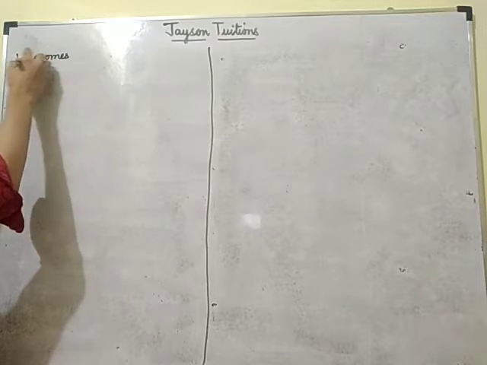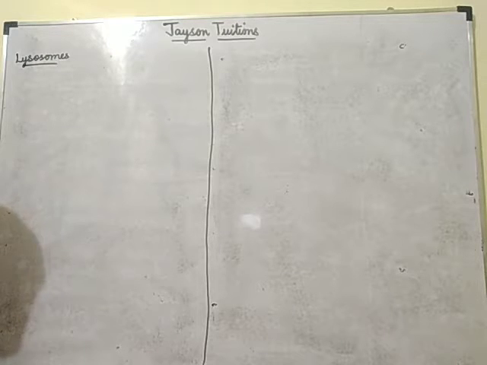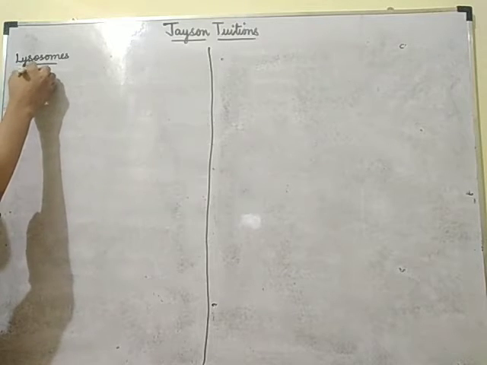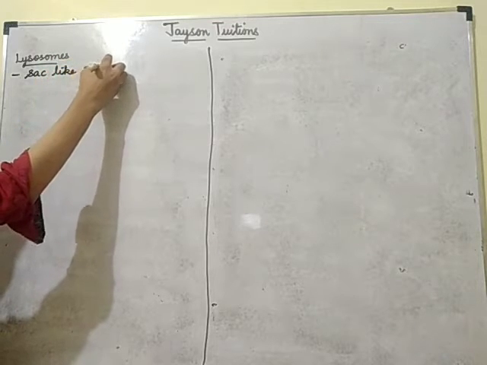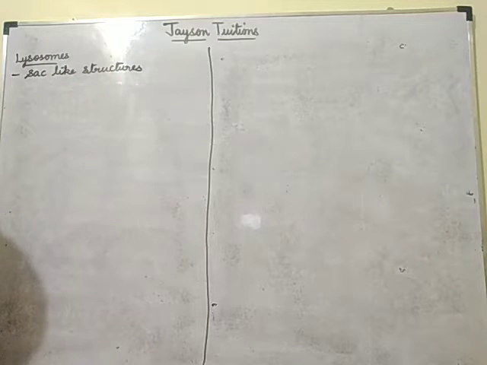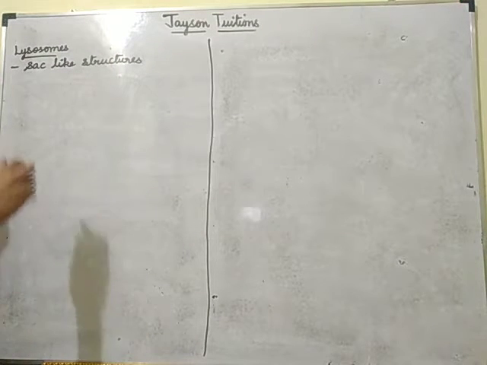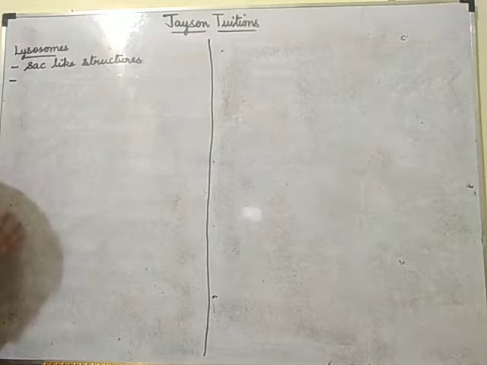Next one is lysosomes. What are lysosomes? Lysosomes are also sac-like structures. Already we have studied Golgi apparatus.